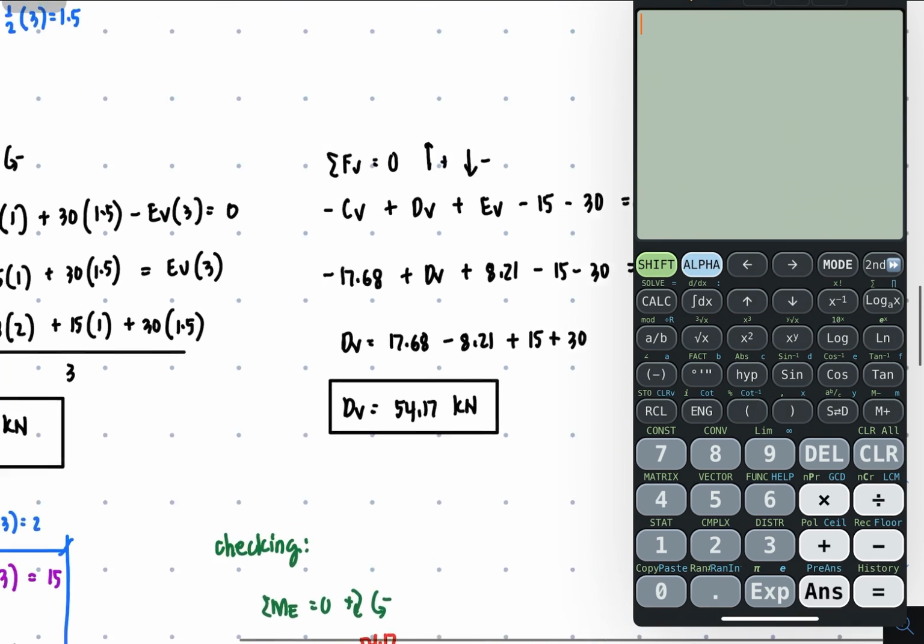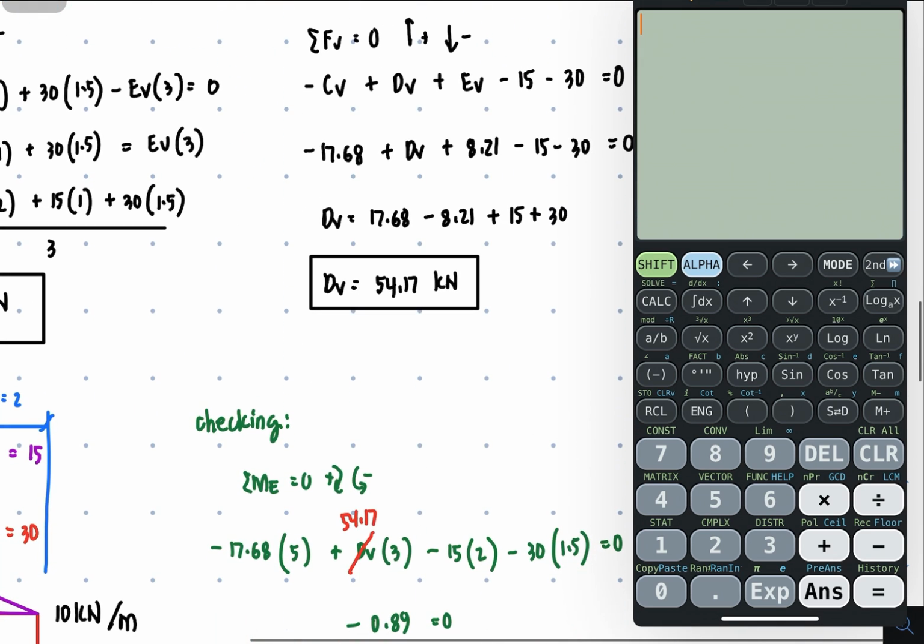So it's upward. And you have this one. Let's investigate this. That's 17.68 minus 8.21 plus 15 plus 30.